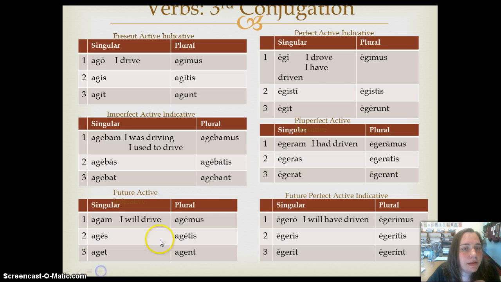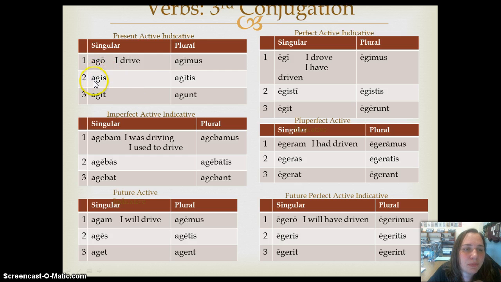All right. So here is a review of agō, agere, ēgī, āctum in the active: present, imperfect, future, perfect, pluperfect, future perfect. For the first person singular, present, active, indicative, of course that's the first principal part, agō.